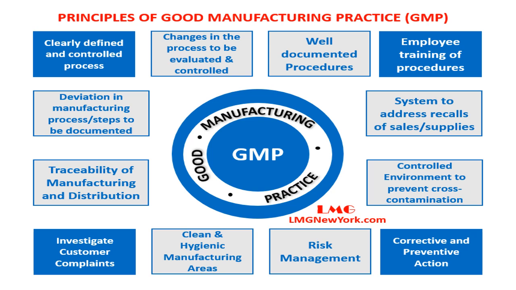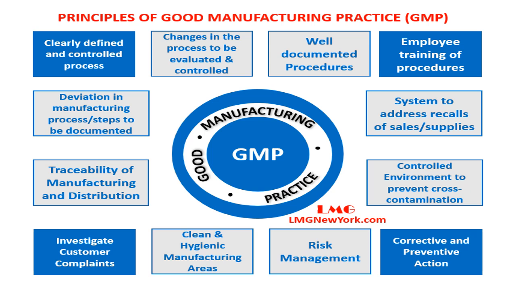Whenever there are any issues and complaints, there has to be a system to recall. Then control environment to prevent cross contamination, that is the first step for preventing contamination. Then corrective and preventive action, then risk management, then clean and hygienic manufacturing areas, that is the premises of the plant, it has to be maintained very clean and hygienic.